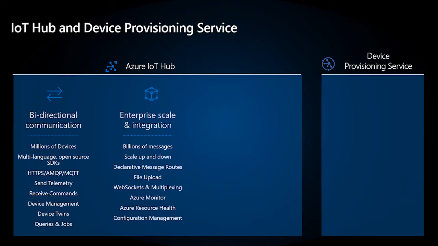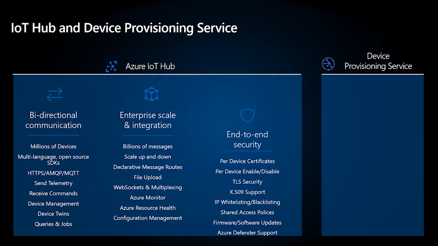You can also send message routes to different things. You also are able to send your message routes to storage or other downstream services. You could do file upload. So there's a lot of things you can do when it comes to scale and integration.